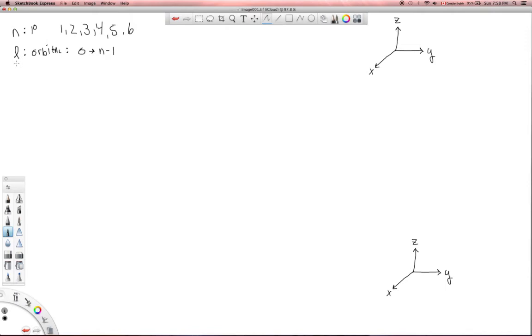Quantized integer values. And then I have my m sub L, or m, and most people call this the magnetic quantum number, for reasons that will hopefully become a bit more obvious as we move along in this video. And typically people say the magnetic quantum number is the orientation of the orbital.